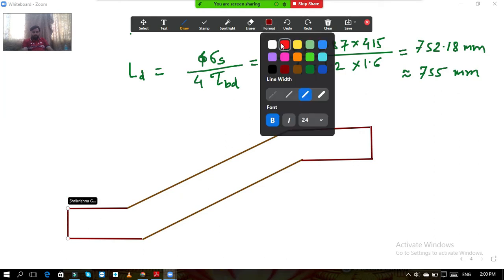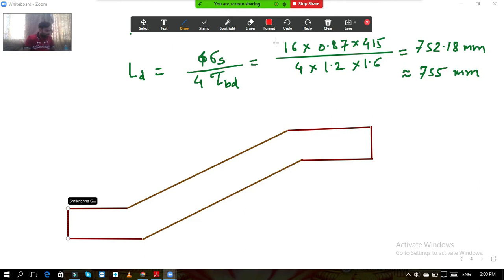Now see how the main reinforcement is placed. Main steel bars. Okay.